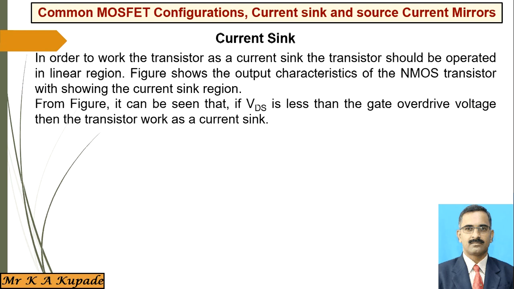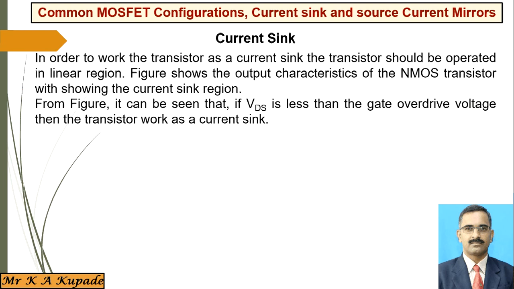See, if you want to understand how the MOSFET operates as a current sink in that circuit, then we have to consider that the particular MOSFET should be operated in the linear region.